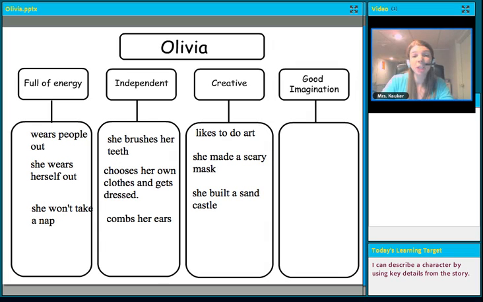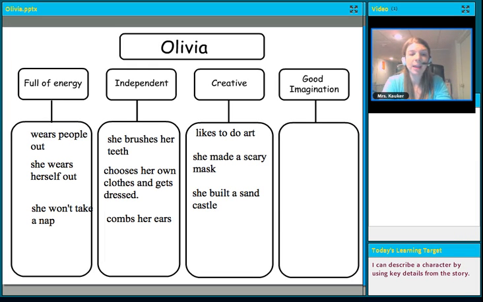Very good. So she likes to do art. She made a scary mask, and she built a sandcastle. You know what? Let's also add that she liked to go to the art museum. Remember on rainy days, she liked to go to the art museum? And if you like to go to the art museum, you're probably pretty creative.